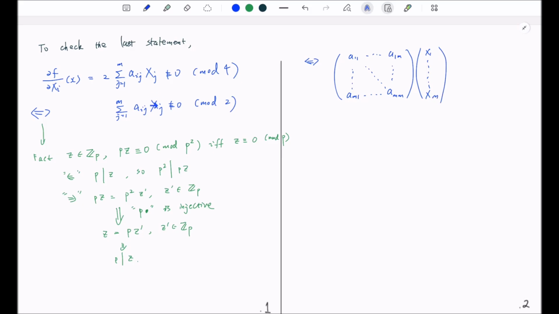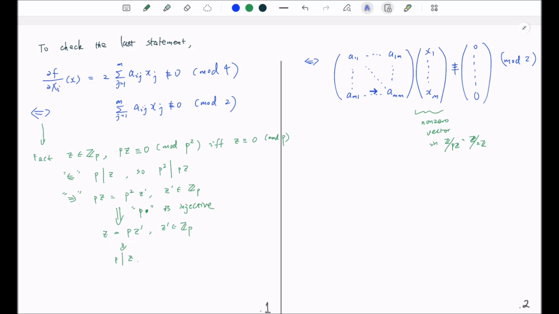I should make those xj's smaller. And now, because x1 through xm form a vector that is primitive, in particular this is a non-zero vector in the field Z mod pZ, which is Z mod 2Z in this case.